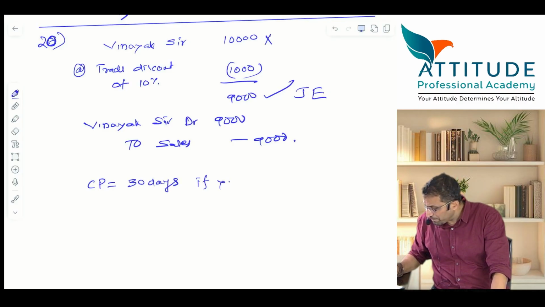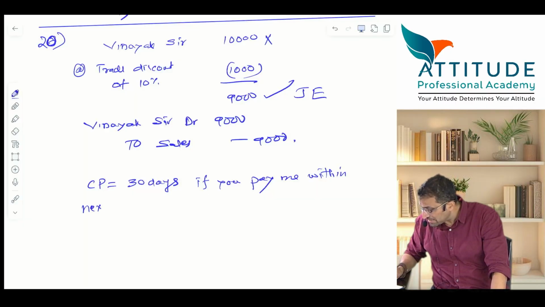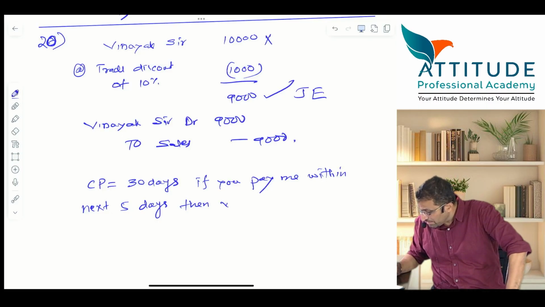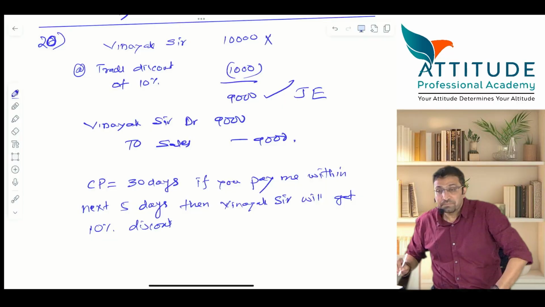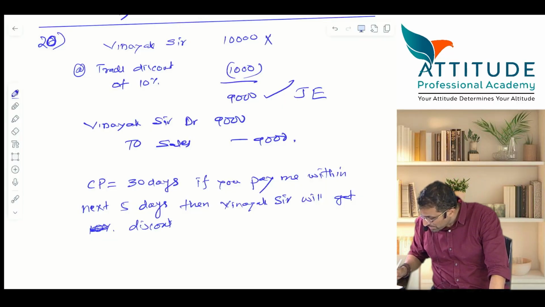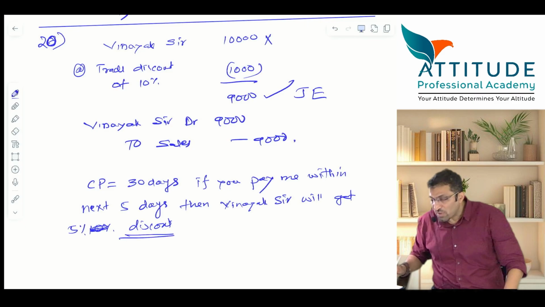If you pay me within next 5 days, then, okay, then Vinayak sir will get discount, will get 10% discount. Now what? Okay, we'll take 5% discount. Confusion nahi chahiye. 5% discount. Now tell me, what is this 5% discount?